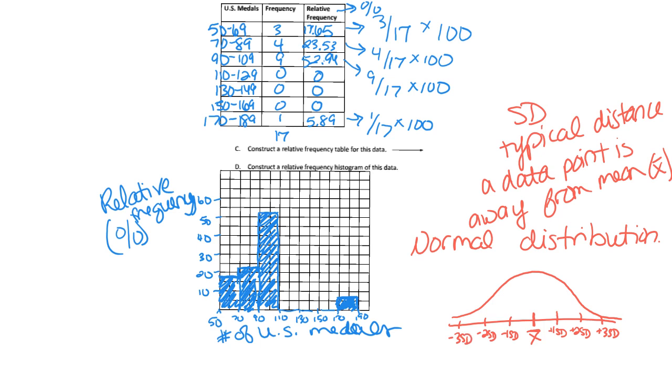My data points that fall within 1 standard deviation, that's about 68% of my data points. About 95% of my data points fall within 2 standard deviations.